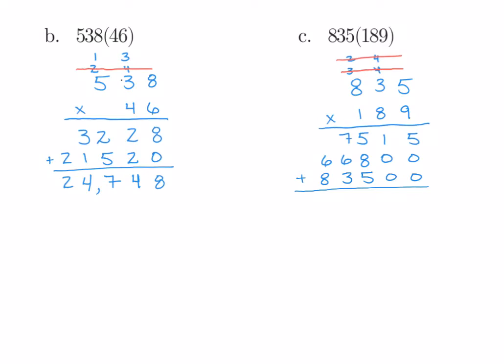So starting on the right, we get 5 plus 0 is 5. 1. If I add up 5 and 5, I get 10, plus 8 is 18.